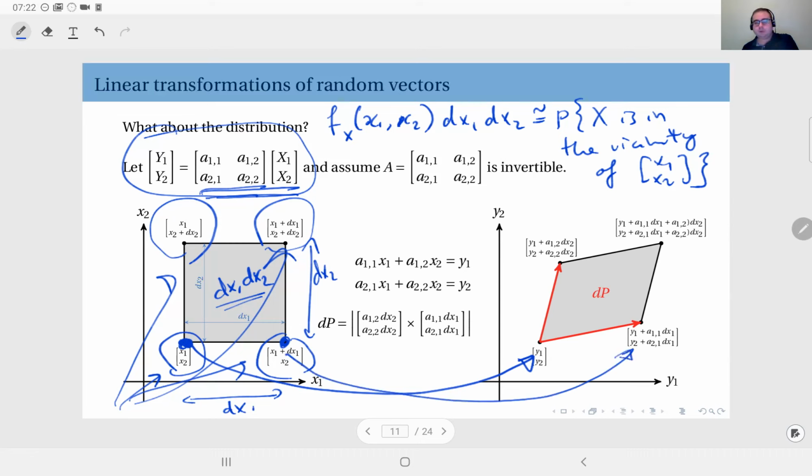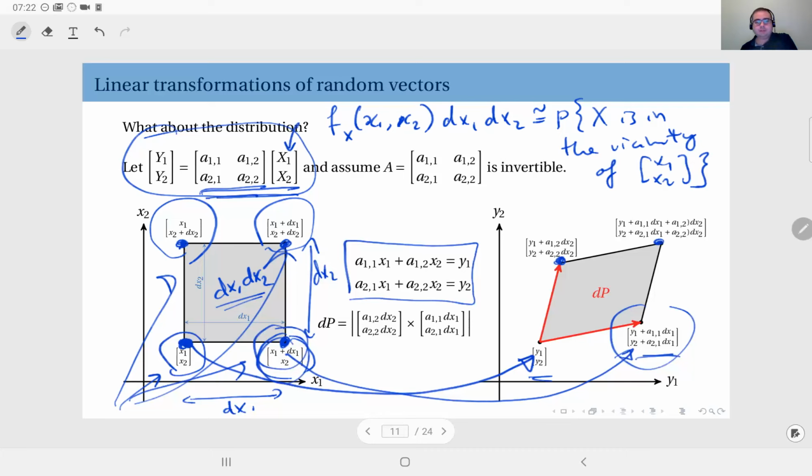You can see this by just plugging the vector x1 plus dx1, x2 into random vector x, multiplying by the A coefficients, and that gives you this point. Similarly, this point maps to this point, and this point maps to this point.